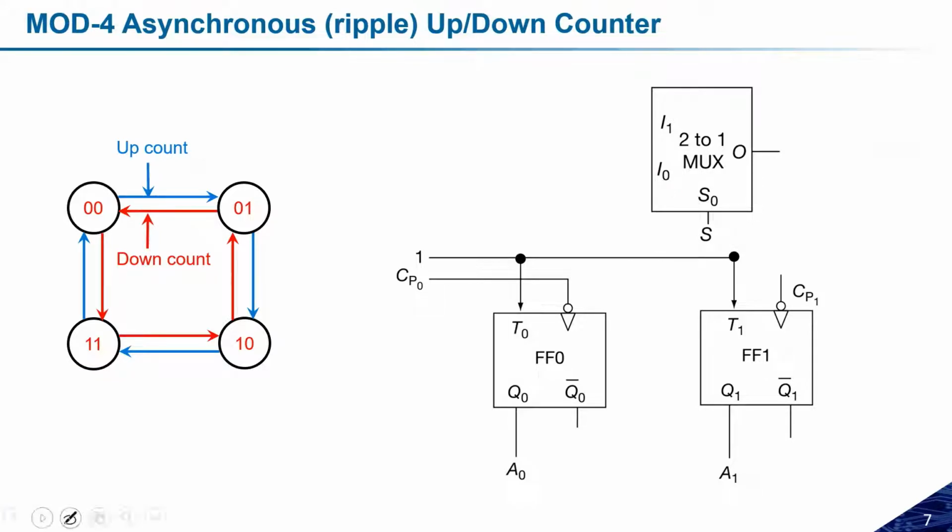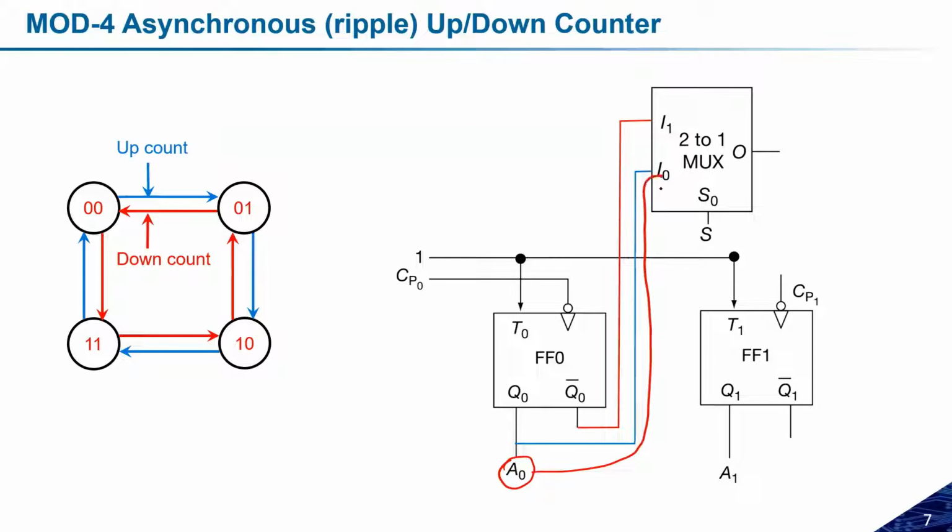Okay, so this Q0 is connected to I0 and Q0 bar is connected to I1, and I need I0 to be transferred if I want to make it an up counter. So if S is equal to 0, it will act as an up counter, and the output is connected to the clock pulse, so Q0 will be transferred to this clock pulse.